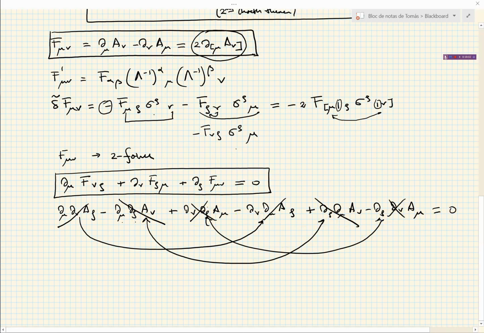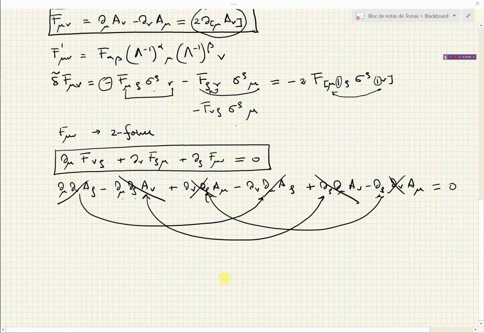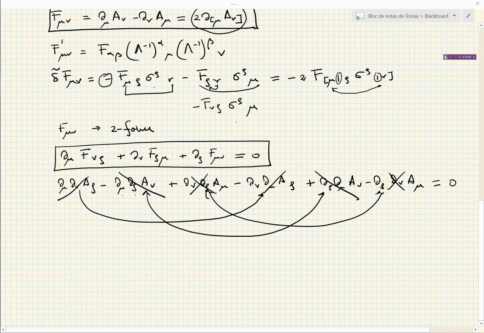So this is probably the moment to introduce the notation that I mentioned before. We can write for these 3 indices a complete antisymmetrizer, and this is defined as 1 over 3 factorial.